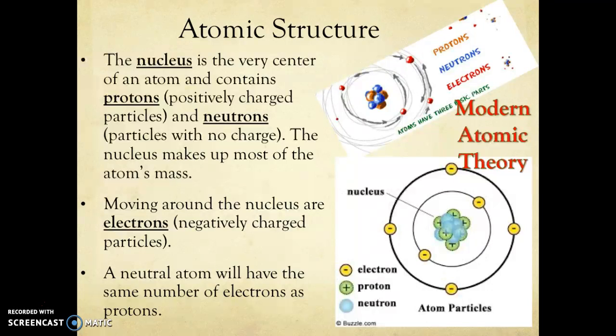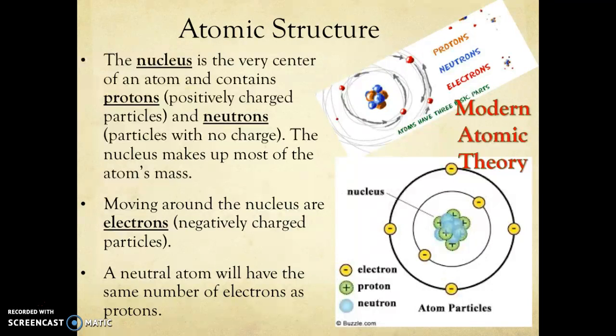Now, protons have a positive charge, and neutrons have no charge. So that means that the nucleus has a positive charge. The nucleus makes up most of the atom's mass, for the most part. Outside of the nucleus, there is a lot of empty space, and you have the electrons which move around the nucleus.